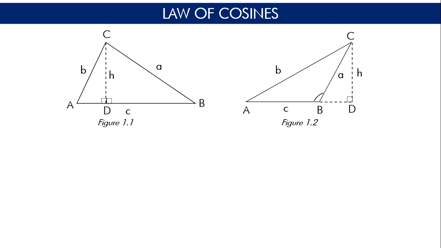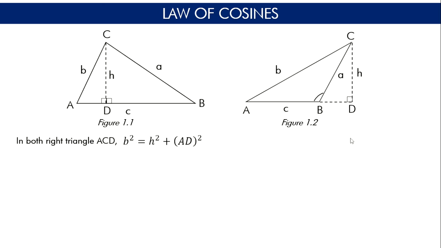Notice that in either right triangle ACD of both figures, we have b squared is equal to h squared plus AD squared. Here b squared, our hypotenuse, is equal to h squared, the length of CD, plus the length of AD squared. Since we don't know its value, that's AD squared.